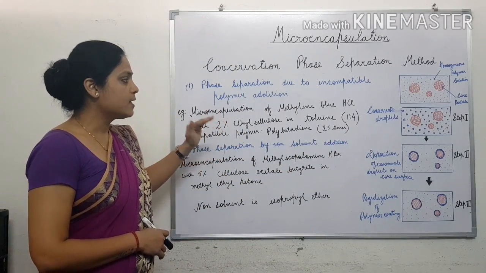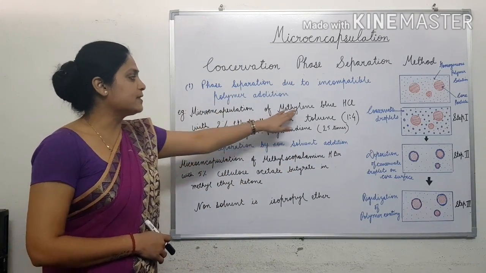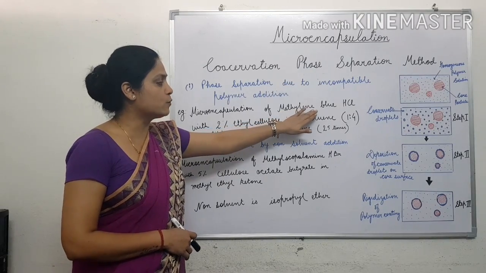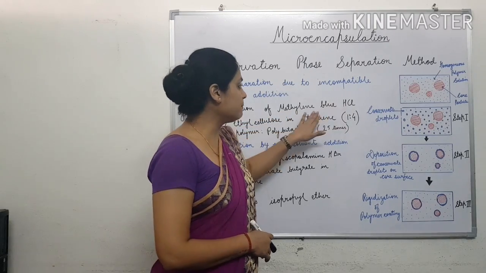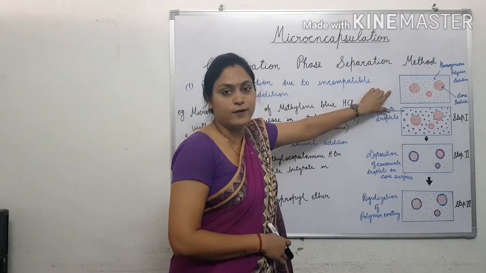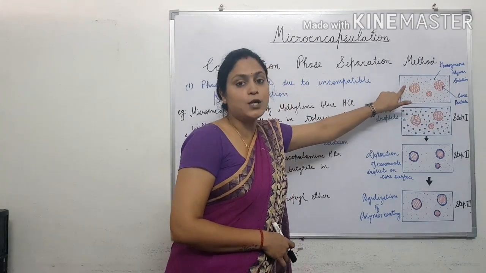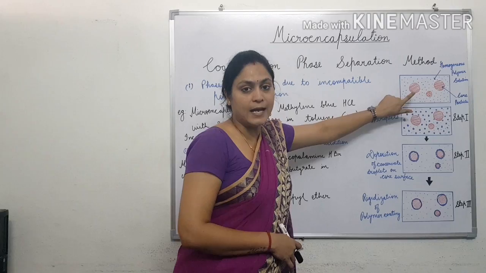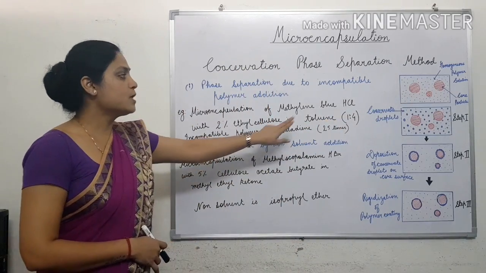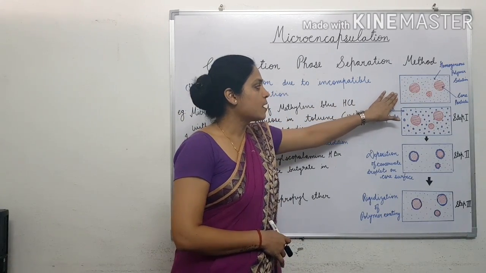Now, the core particles, methylene blue hydrochloride crystals, are first dispersed in the homogeneous solution of 2% ethyl cellulose in toluene.